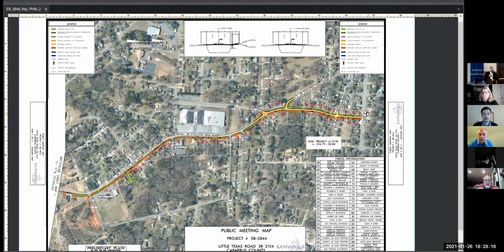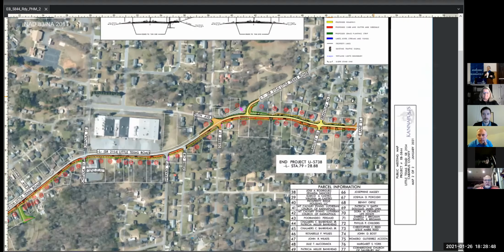If this were solely a roadway widening project, you'd have equilateral widening, so both sides of the roadway. But in this case, we're building that side as a part of this project, so all that would be needed is the opposite side. Yes, sir, the east side. If you were going down Little Texas Road from Lane Street, it would be on the left.